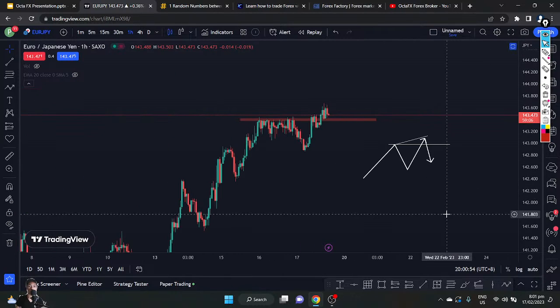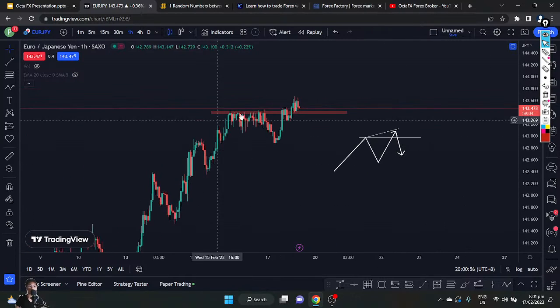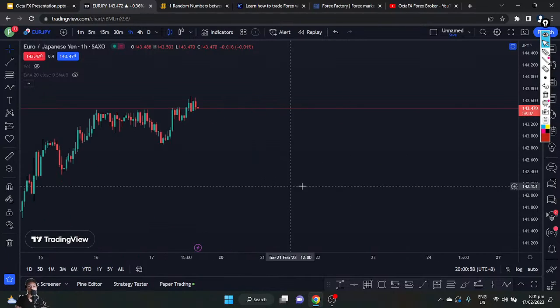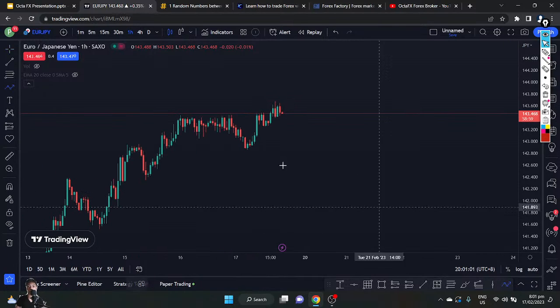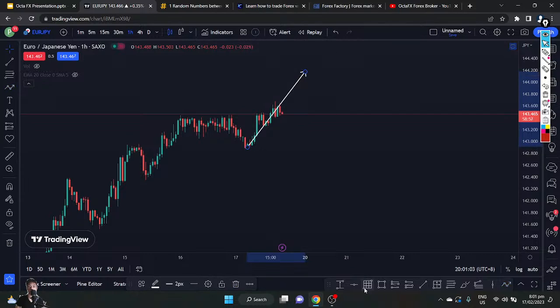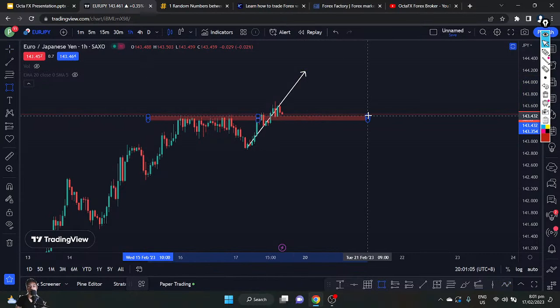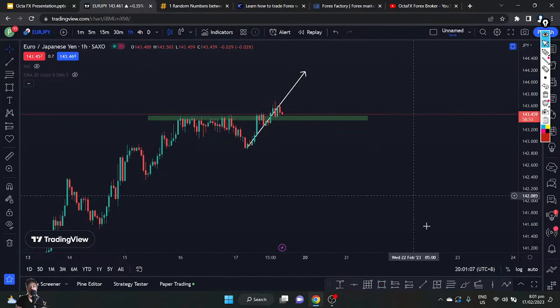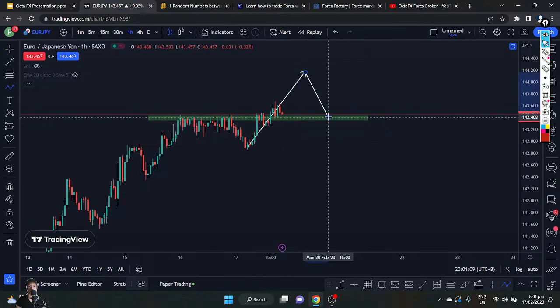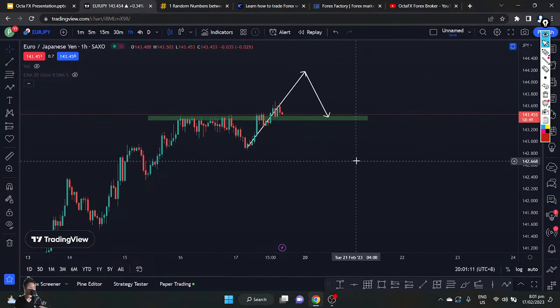So if you want to look for a buying opportunity on the euro yen, we must wait for the price to make a huge breakout before considering to buy on this support zone like that. Okay, so I hope I answered your question right.